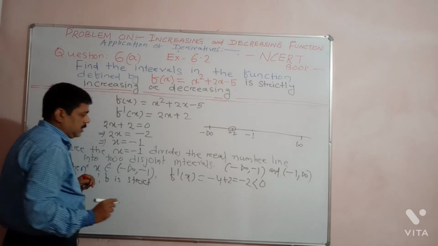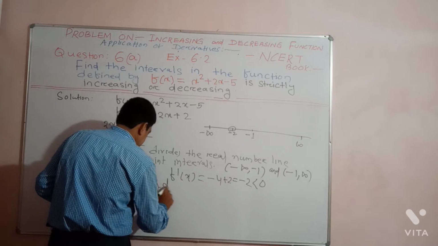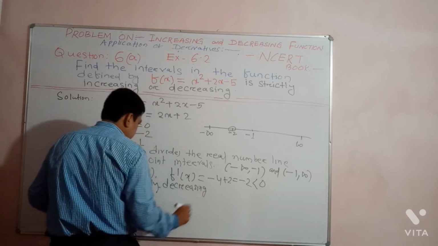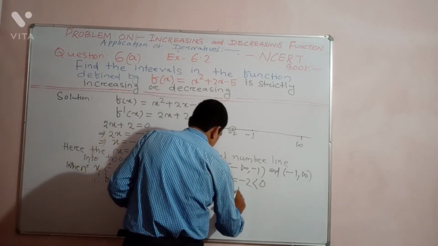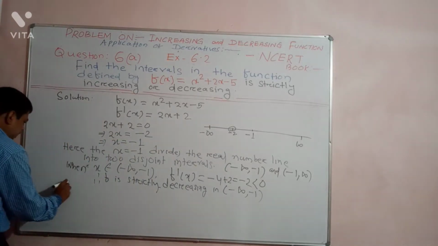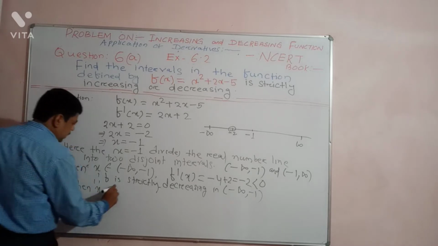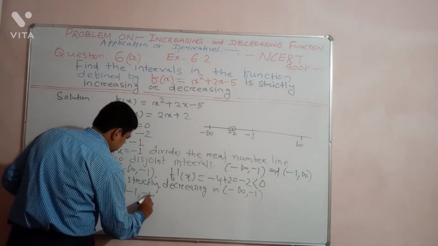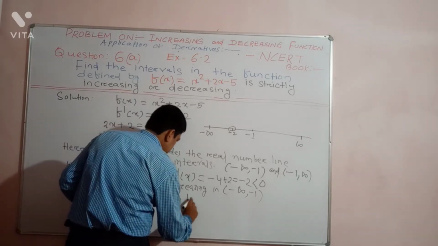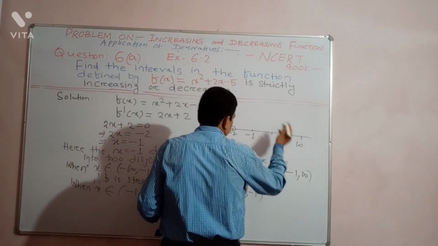If the slope of the function is less than 0, then the function f is strictly decreasing in the interval minus infinity to minus 1. Very simple. Similarly, when x lies in the interval minus 1 to infinity, we can take any value more than minus 1.